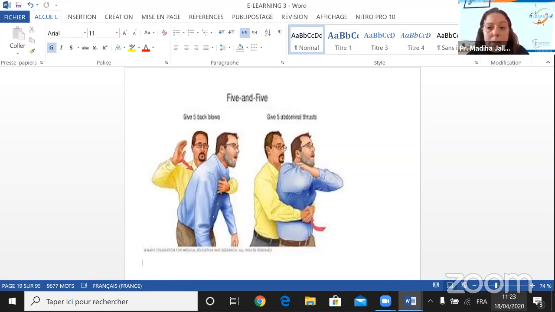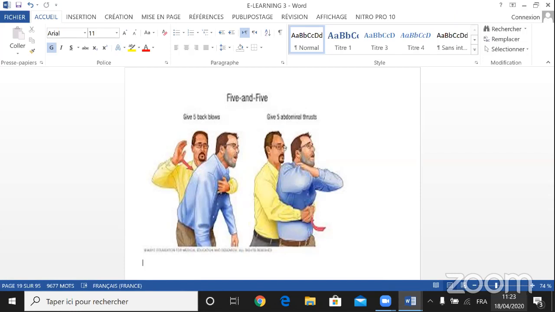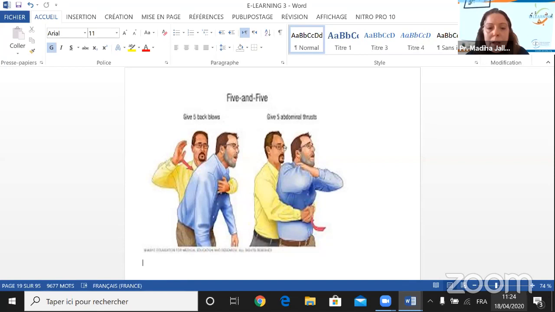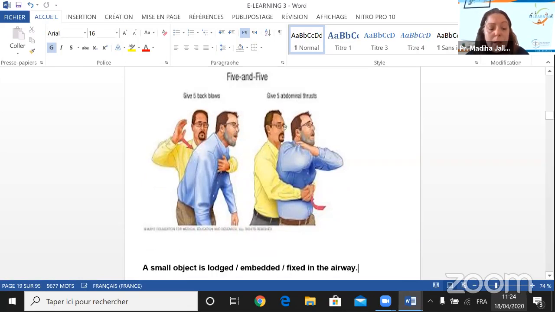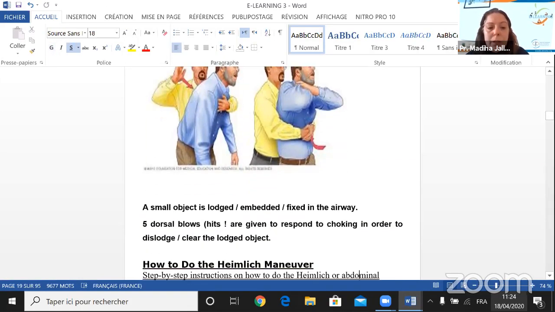Okay, I think we are familiar with this technique. What do you call it? The Heimlich maneuver. Good. You can perform them alternately, one after the other. So let's read the description.